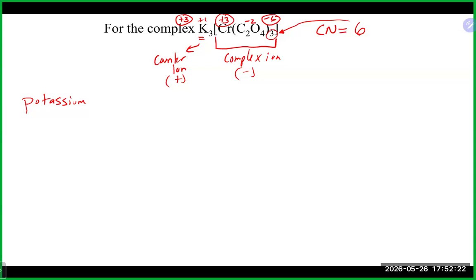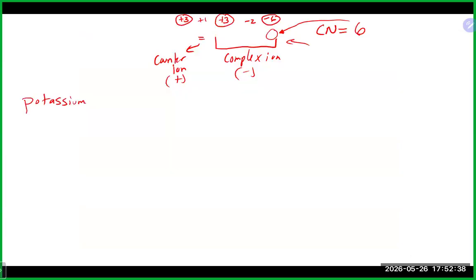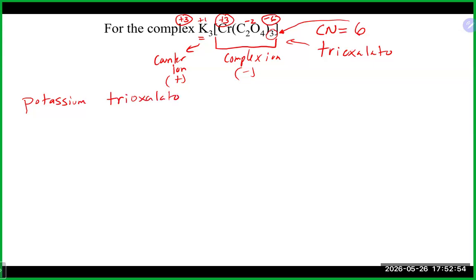Now, we do have 3 of the oxalates here. When we look at our little chart, oxalate is right here, and oxalato is the name for oxalate here. So we do have 3, and the prefix is tri. We would start with trioxalato, since that is the only ligand present.